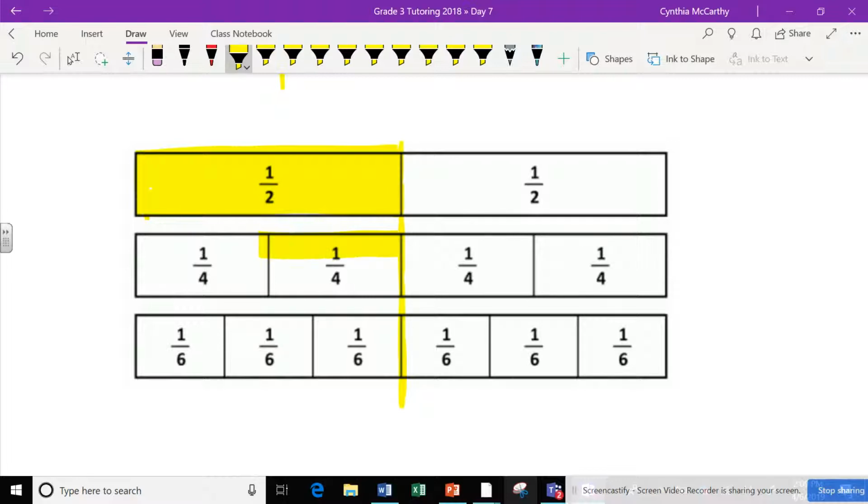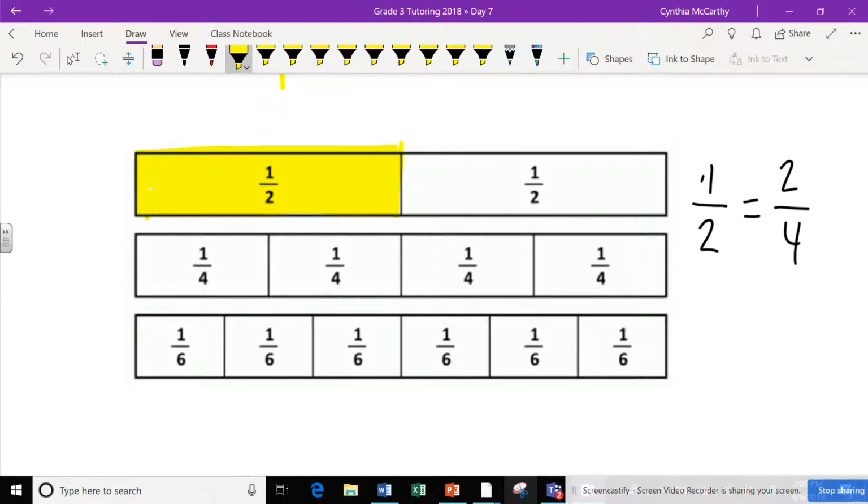If I look at my fraction bar divided into fourths, I can see that 2/4 is the same as 1/2. I can write that like this. 1/2 is equivalent or equal to or the same as 2/4. I can also take a look at my sixths to see what is equivalent to 1/2.